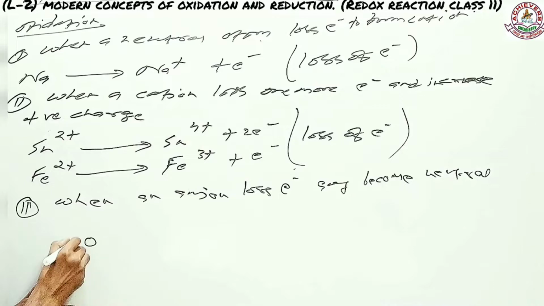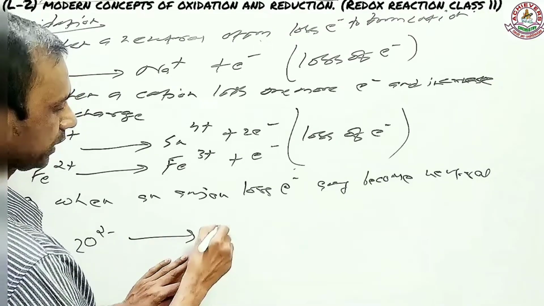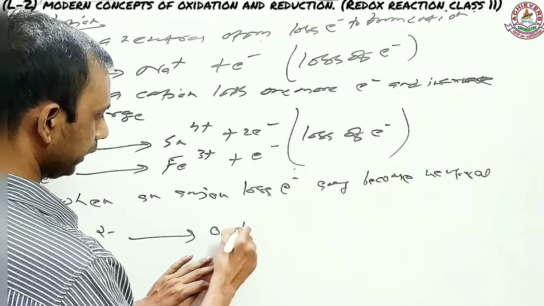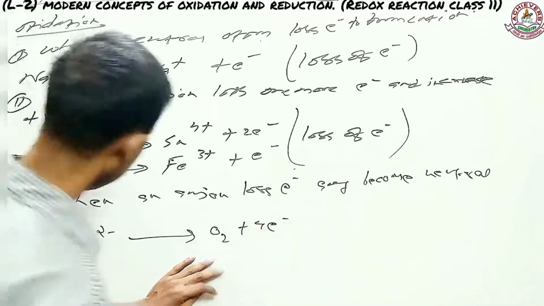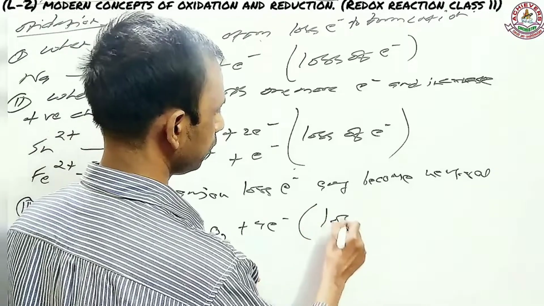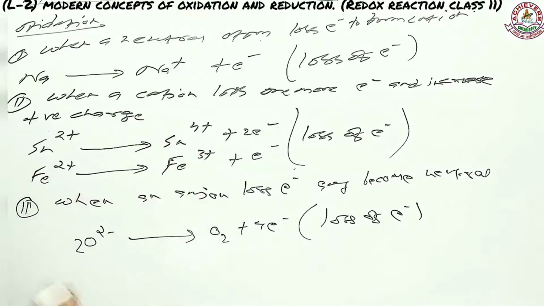Something like, there are two oxygen with two negative charge each. What happened? If they lost the 4 extra electrons, they form O2 and those 4 electrons are being released. So the anions are losing the electron. So what happened again here? Loss of electron.